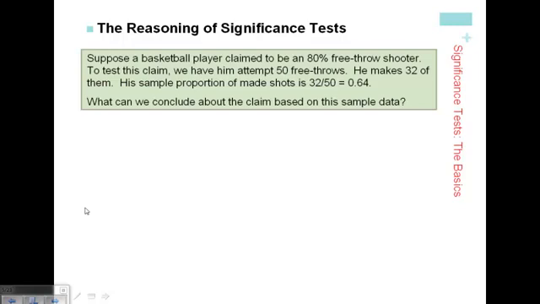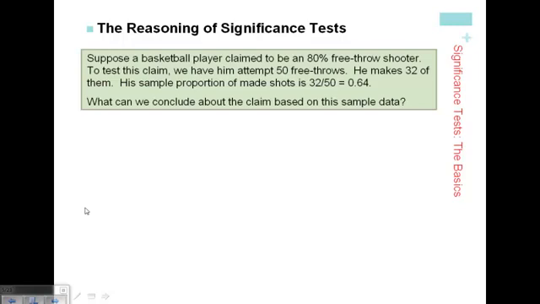Do you understand what we're talking about, Jacob? He says I'm going to shoot 50 shots. Exactly 80% is making exactly 40 out of those 50, is it not? What if I made 39? It's not 80, but is it so close to 80 that we think that could just be random chance variation?